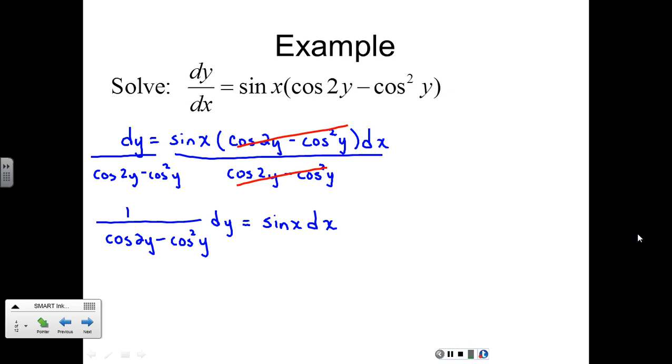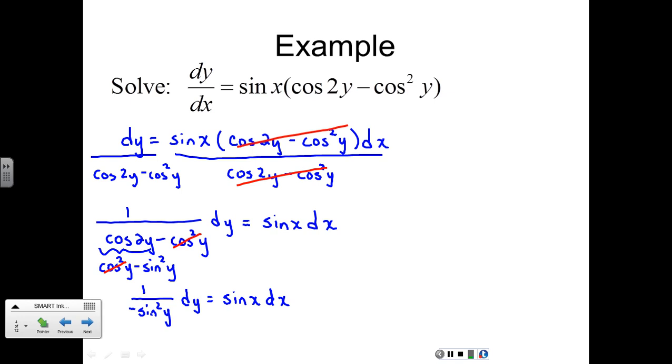Okay? So I could say that this right here is cosine squared y minus sine squared y. That's an identity. So what's going to happen there? Those are going to subtract off, aren't they? So I end up on that left side with 1 over negative sine squared y dy equal to sine of x dx.